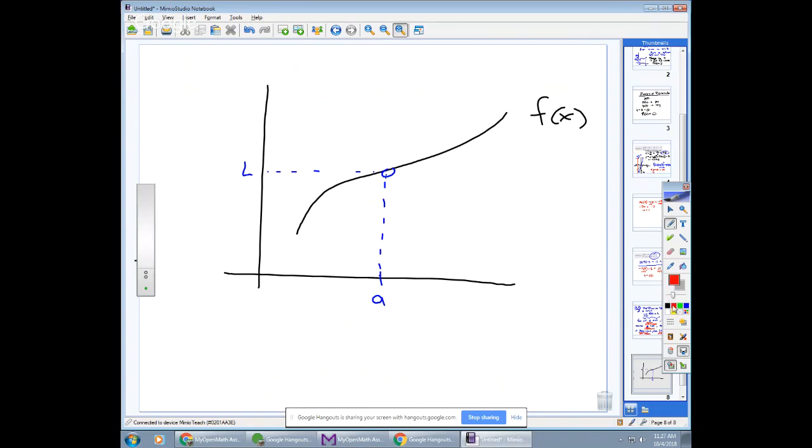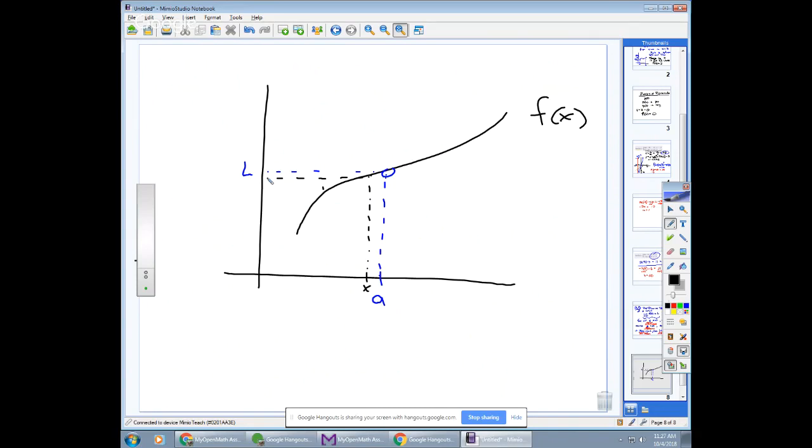Now, epsilon is how far away I am at any point. So if I pick some x value, say right there, and let's suppose we're really zoomed in, so I'm pretty close to a, right there. That x value is going to trace up here, and there's going to be a corresponding y value over there.